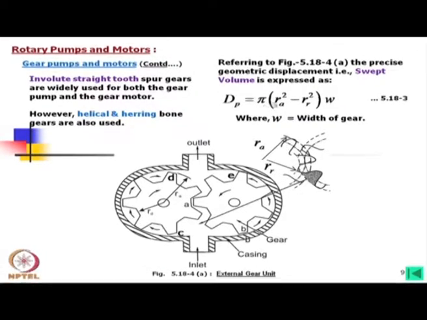Otherwise, the formula may be like this, pi (RA square minus RD square), then again minus the total periphery pi RD into this gap, that we can make. Sometimes this formula is modified like this, but this is again very rough, because this volume and this teeth area and this space area are not equal.